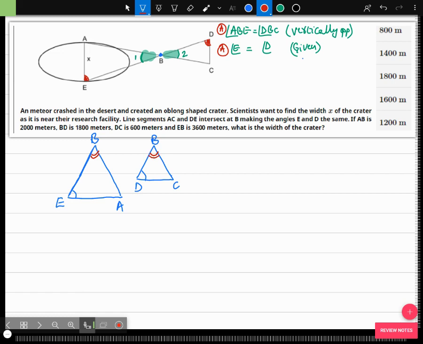These two angles are vertically opposite angles and are equal, and they are formed at point B. Therefore, I am taking them as corresponding angles, that means at the same position. And in the given question, angle E is equal to angle D.